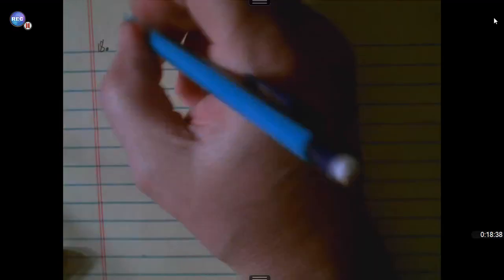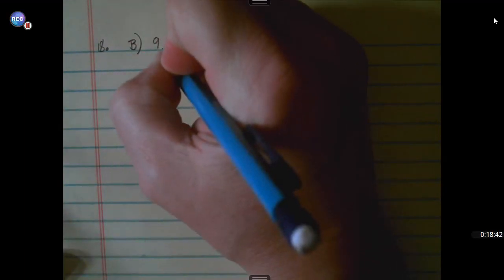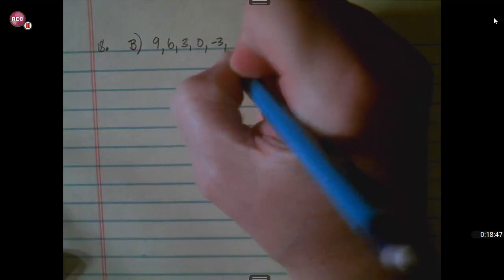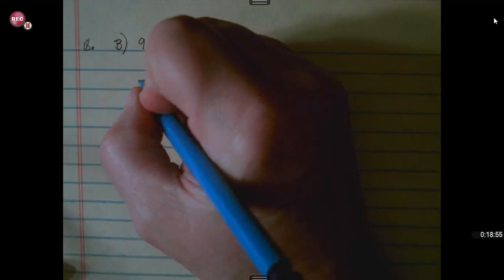So the one they're talking about is the one that goes 9, 6, 3, 0, negative 3, negative 6, and so on. And then we are supposed to write a recursive formula for that. So recursive formulas are of the form a sub n equals a sub n minus 1.